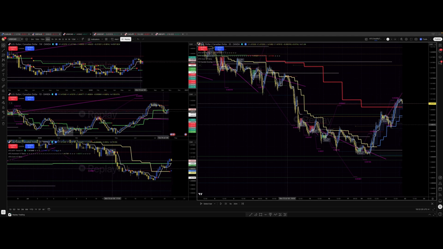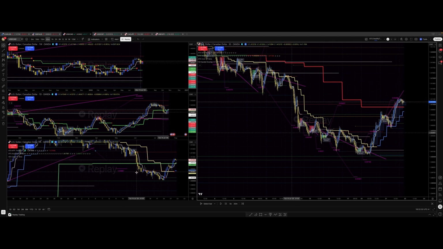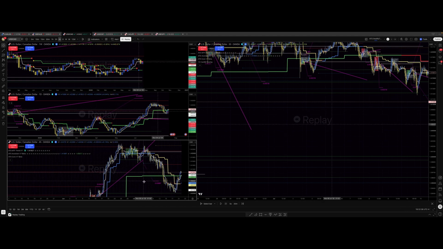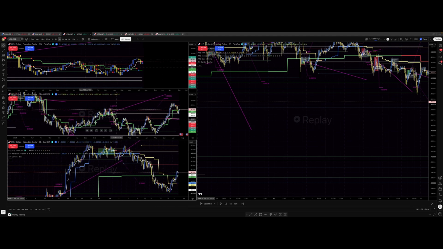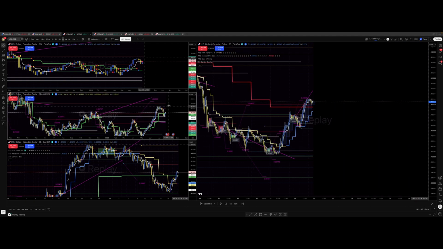Okay, going up. Are we going to catch this institutional level? Down. I'm just trying to look at the master pattern that we have and seeing what rejection. Are we going to reject off of this and then head up? There's a good possibility that we are doing that.